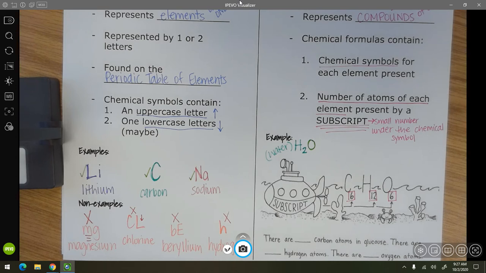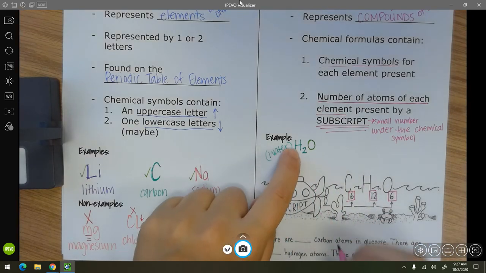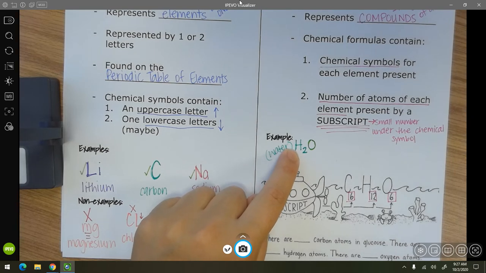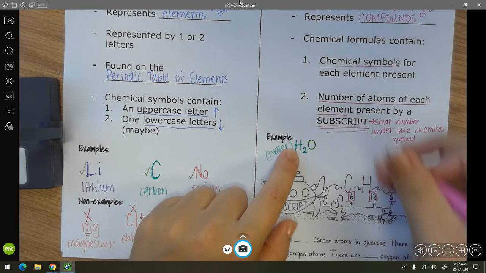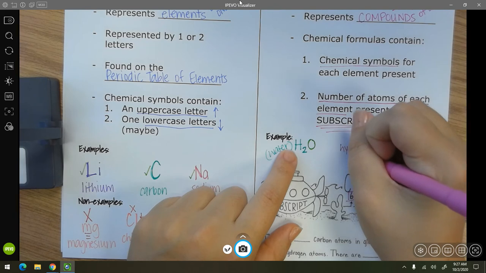So for this, to be able to figure out how many atoms and what type of atoms there are in this chemical formula right here, okay, what we need to do is we need to first figure out what this H means, and hopefully you know, but you can look on your periodic table, and that is hydrogen. So I'm going to write hydrogen over here.